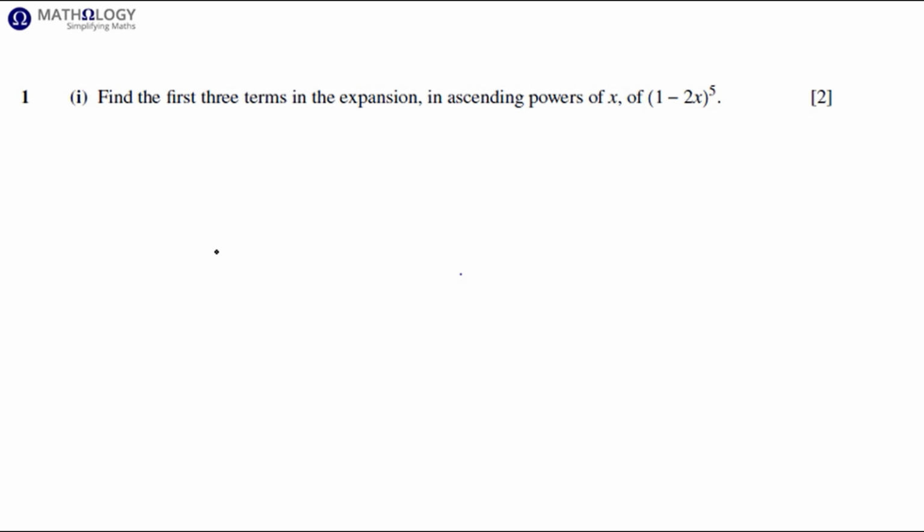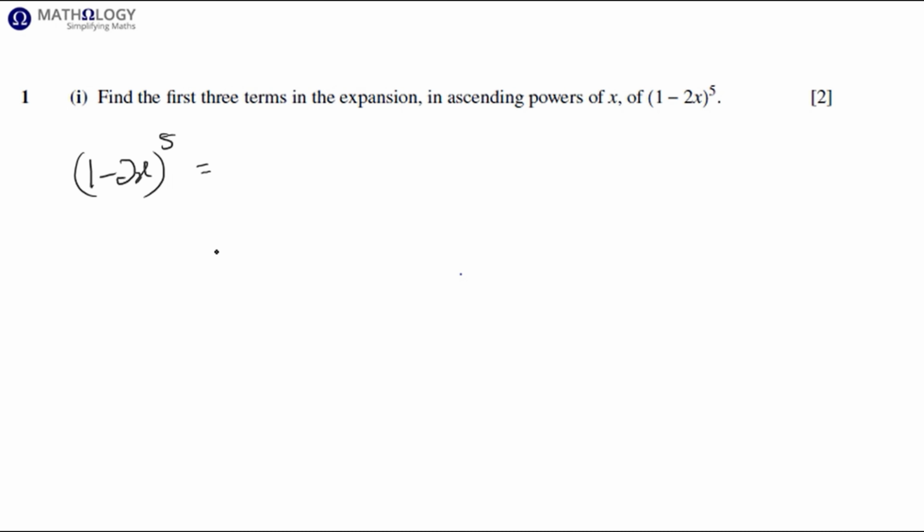Find the first three terms in the expansion of (1 - 2x)^5. Okay, so we're not going to expand the entire expression since we only require the first three terms.